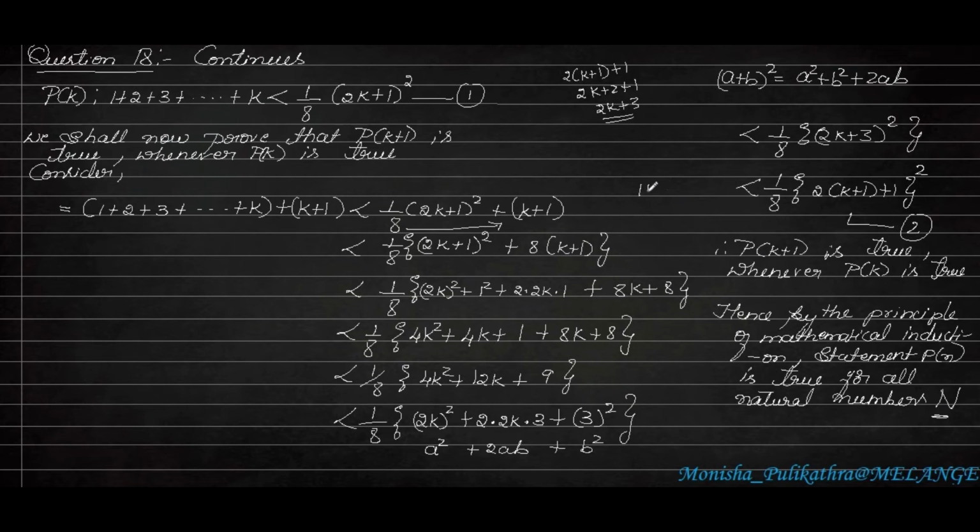So here you can write 1 plus 2 plus 3 plus etc. up to K. Okay, I hope you understood this.